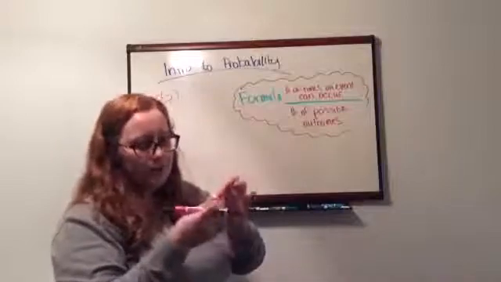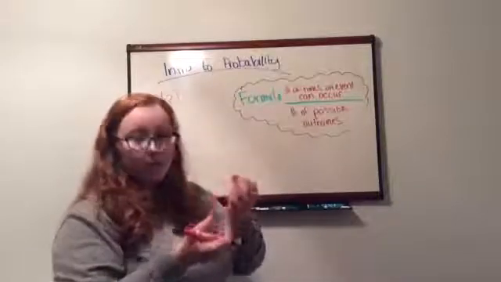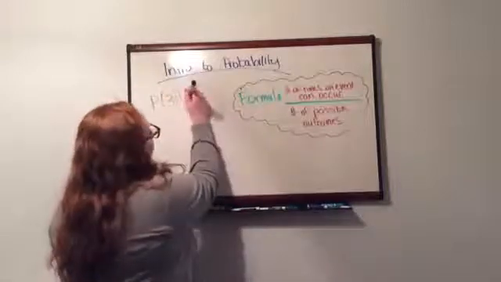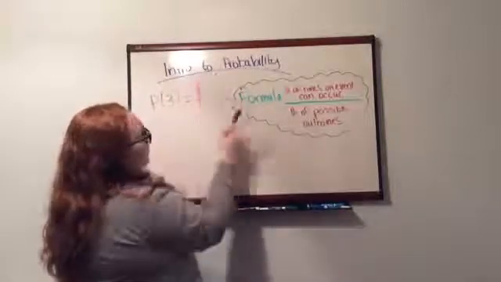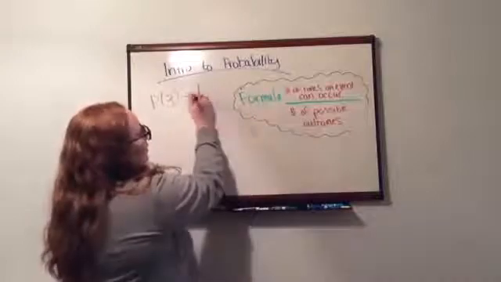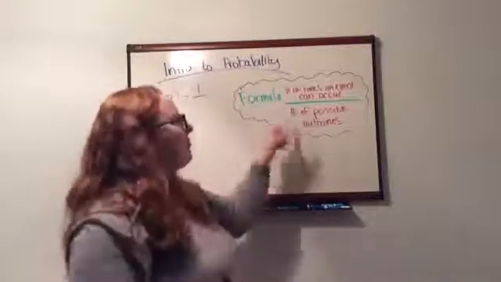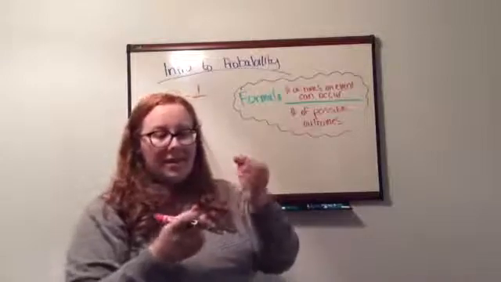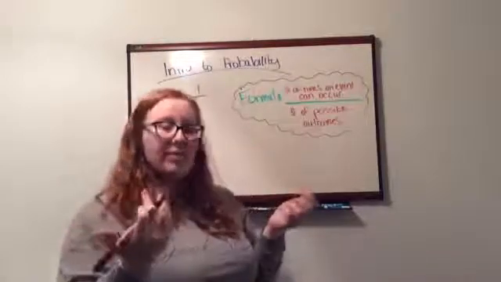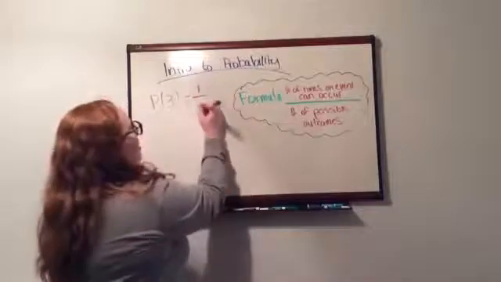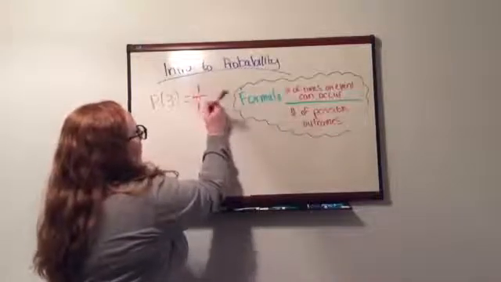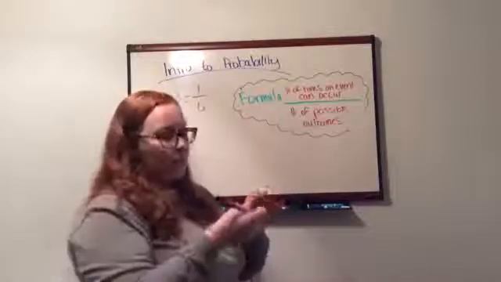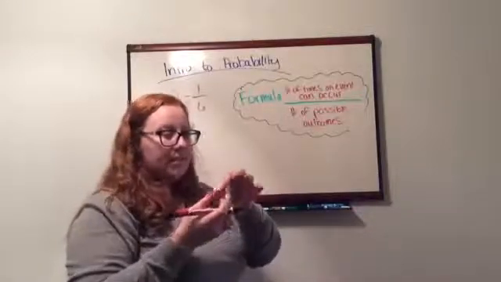There's only 1. There's only one 3 on a 6-sided die. So you're going to set that equal to 1 over, or divided by, the number of possible outcomes. Well, how many different outcomes are on there? On a 6-sided die, there's 6. There's 1, 2, 3, 4, 5, or 6. So your probability of rolling a 3 is 1 out of 6. Does that make sense? I hope so.